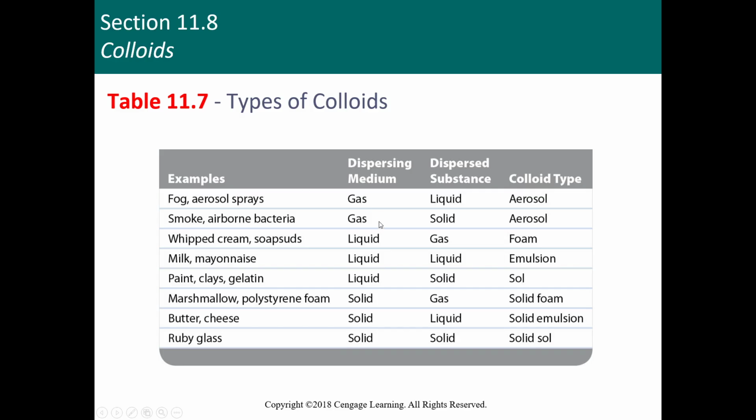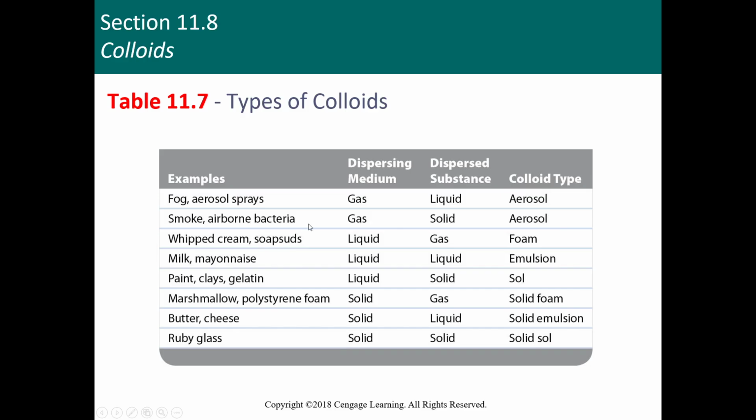Smoke is air, a gas, as your dispersing medium, with solid soot particles suspended in it. That is another type of aerosol. Airborne bacteria and viruses are another type of aerosol. Like the COVID-19 virus is a solid virus suspended in air, which is, again, an aerosol.